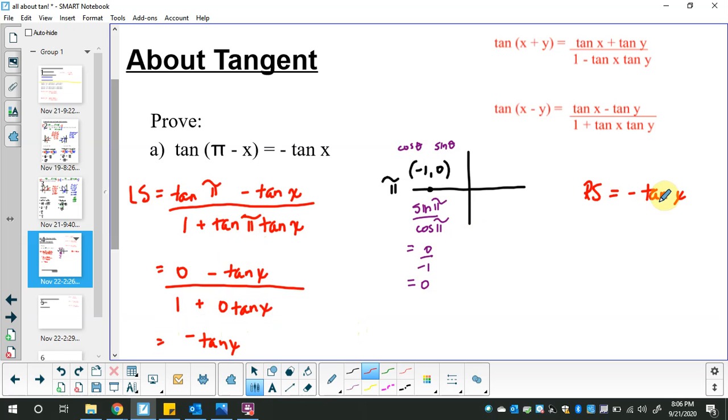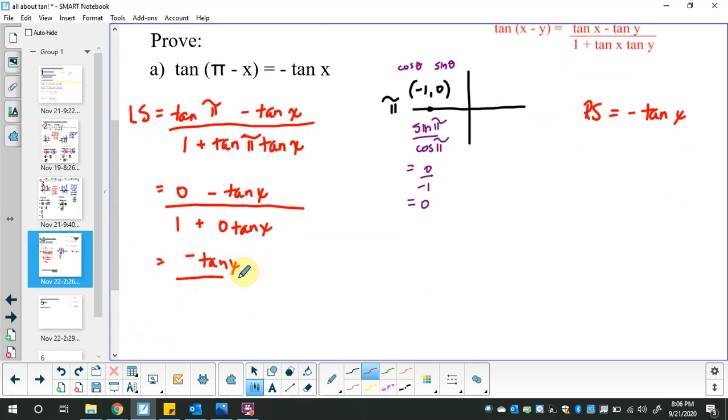So I'm on the right track. How are your 0 times tables today? 0 times tan is 0. So I end up with negative tan x over 1, which is negative tan x. No surprise. Left side equals right side. Happy face.